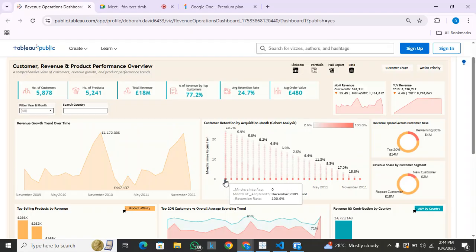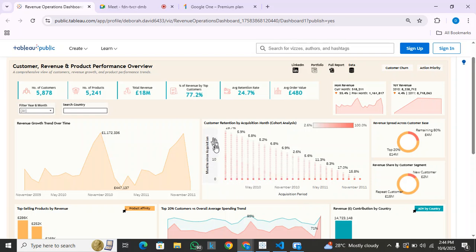So, December of 2009, customers were acquired in this month. These are the retention rates for the customers acquired in this month, after the number of months that have passed.